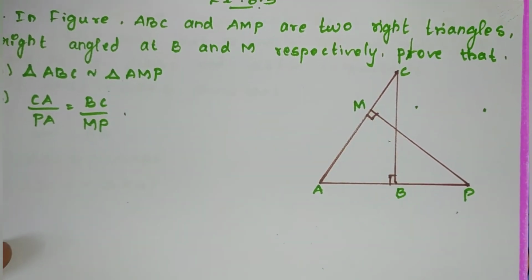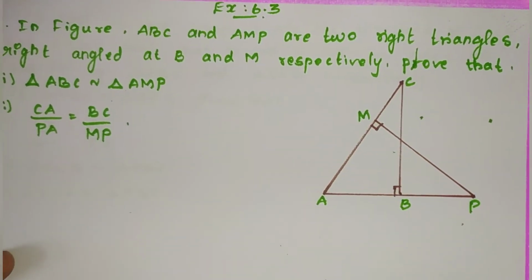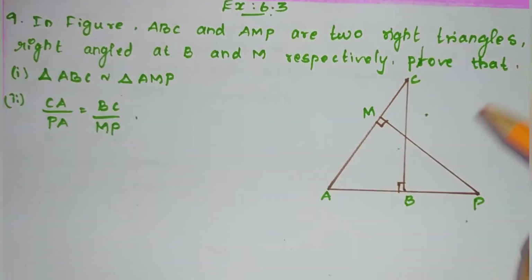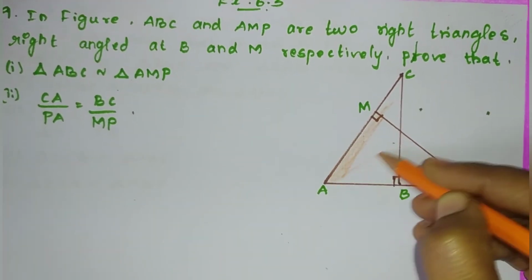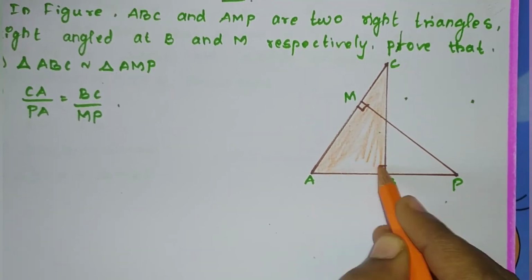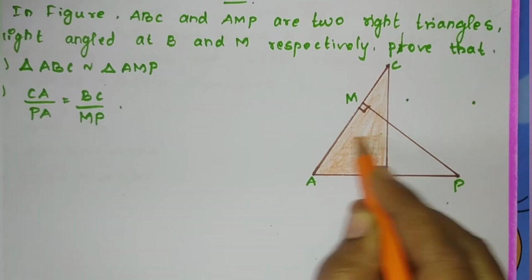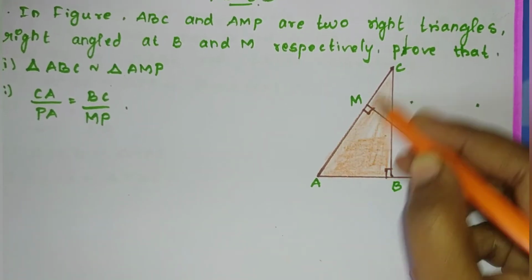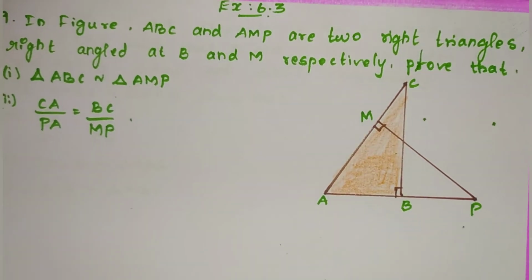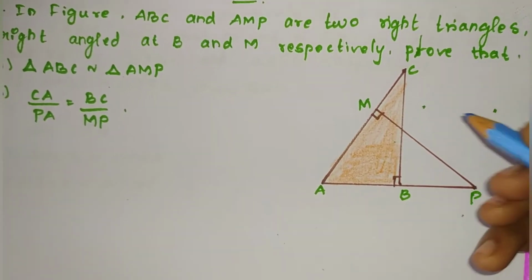Prove that triangle ABC is similar to triangle AMP.